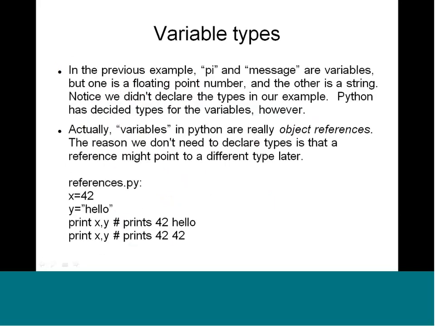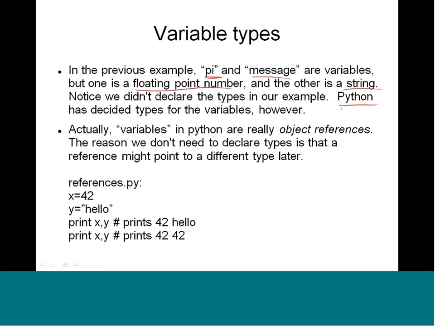So summarizing the previous example, as you see, pi and message are variables, but one is actually a floating point number, the other one is a string. And notice that we never declared these types in our example, and Python itself decided the types of these variables.